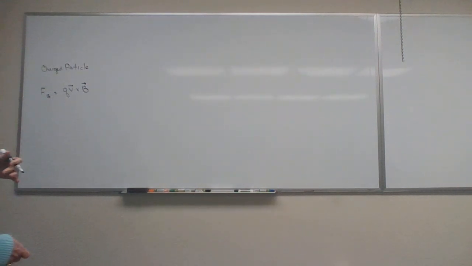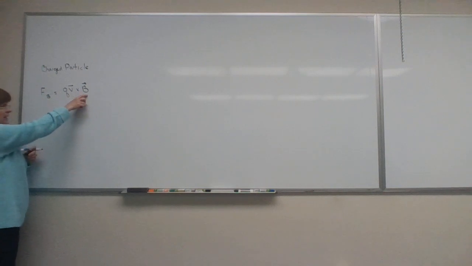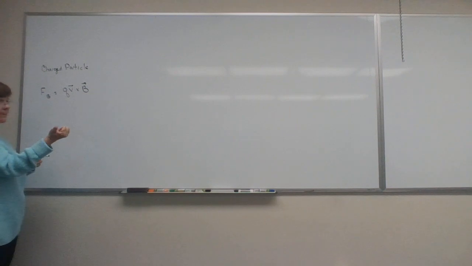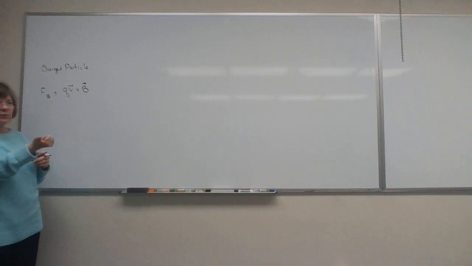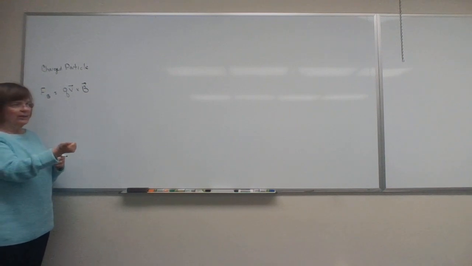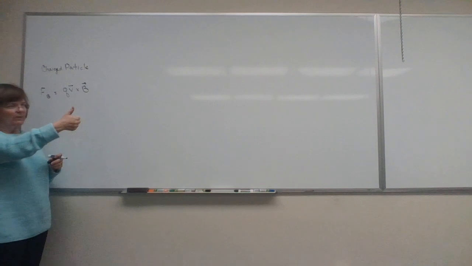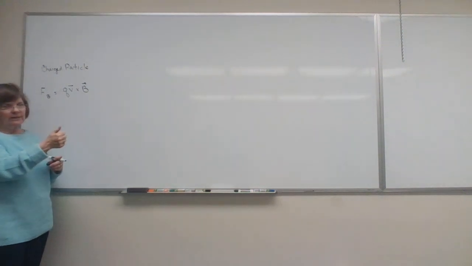We'll talk about the right-hand rules. If I want to get the direction of V cross B, I point my fingers with V and I curl them towards B, and my thumb gives me the direction of force on a positive charge. If the problem has a negative charge, I do the same thing, and then when I find the direction with my thumb, whatever it is, I simply reverse it.